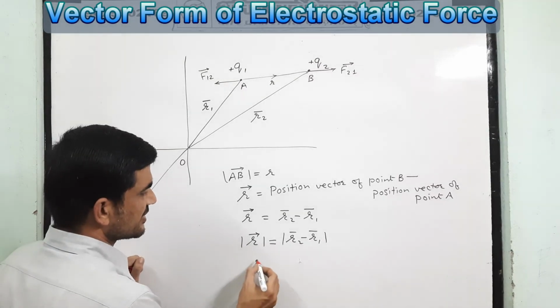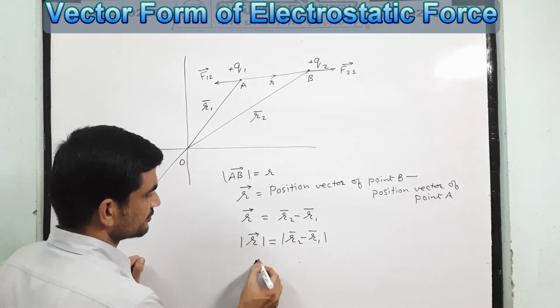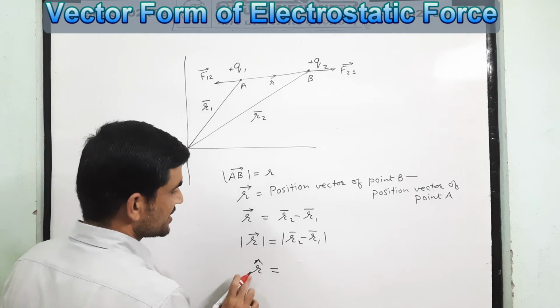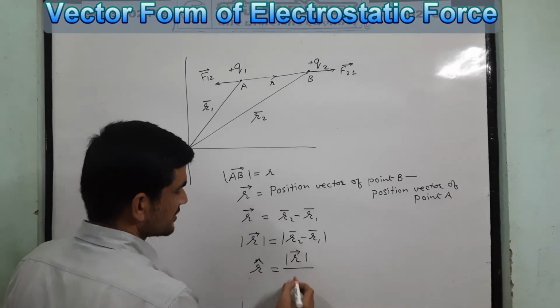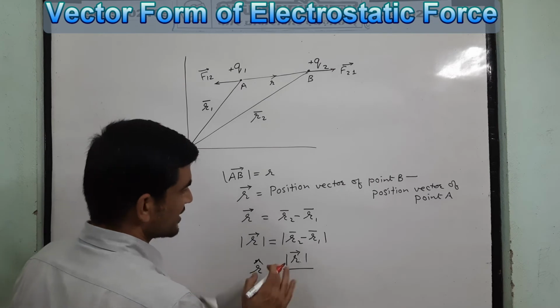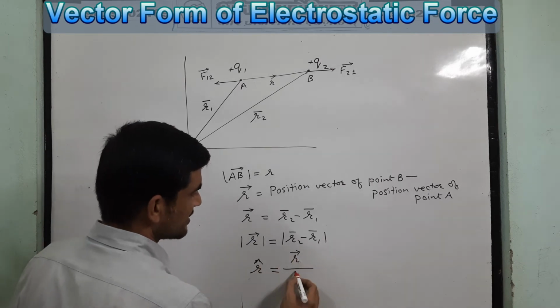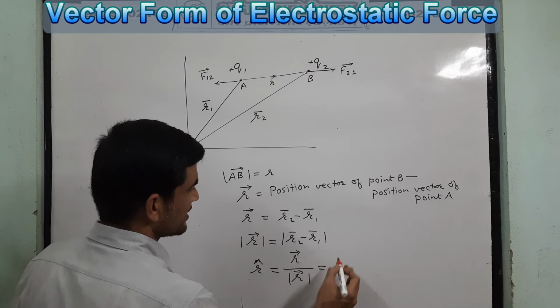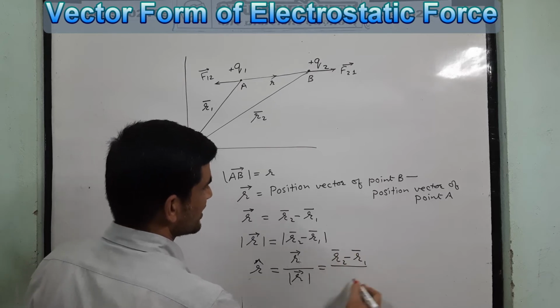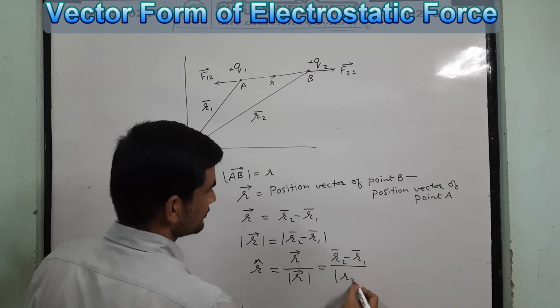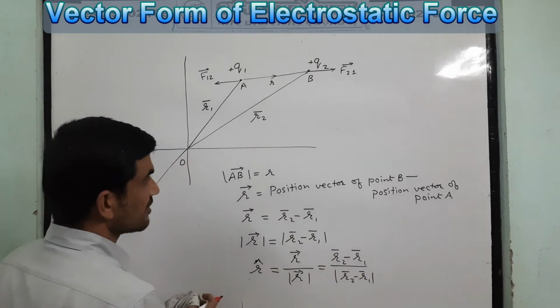And unit vector in terms of r, so you know unit vector means vector divided by its magnitude. So here we will get r2 minus r1, this vector, divided by its magnitude. This is the unit vector.